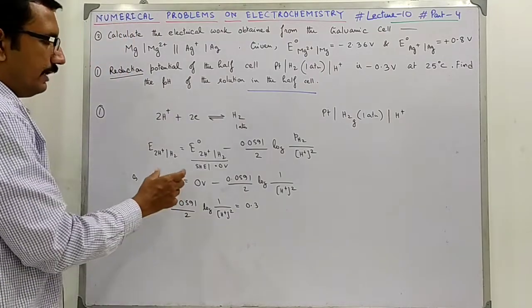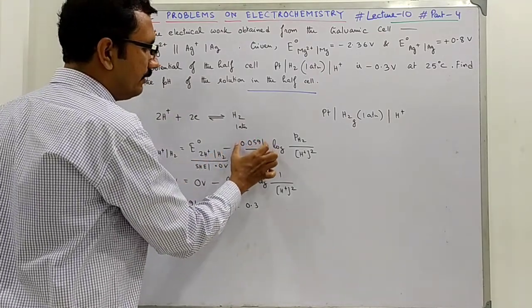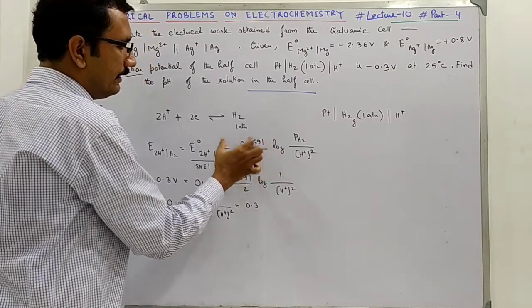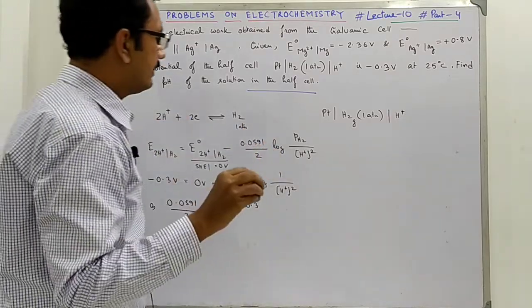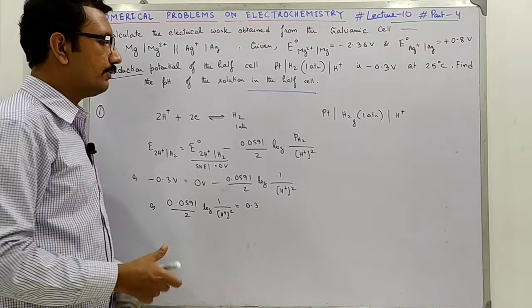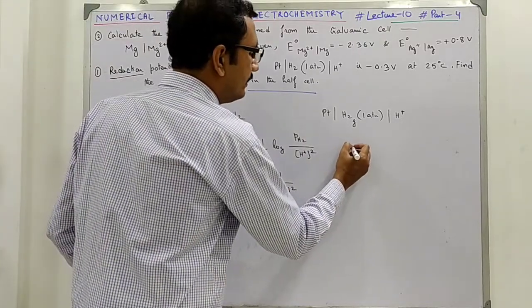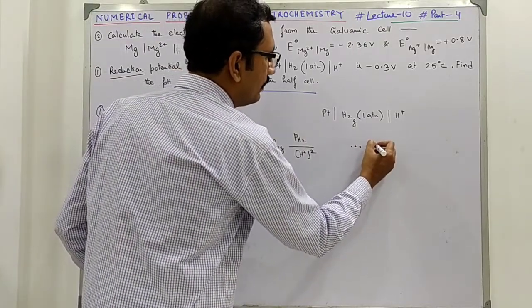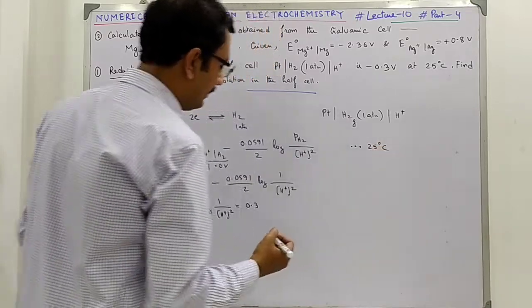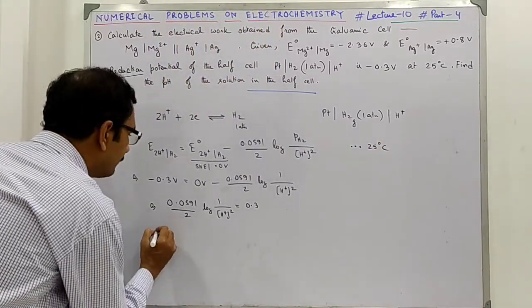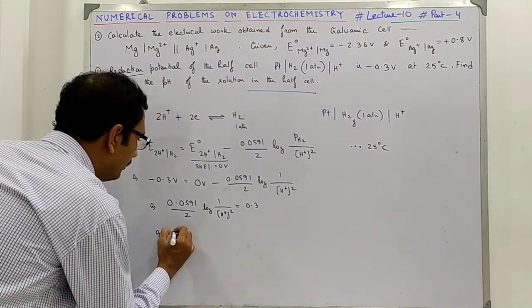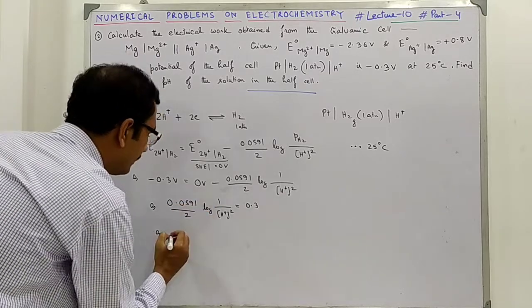Now, since we are using this 0.0591, it is guaranteed that we have used the temperature 298 Kelvin, that is 25 degrees centigrade, and that is given in the problem. So, you have to mention here 25 degrees centigrade. Now, take this 0.0591 to the right hand side.